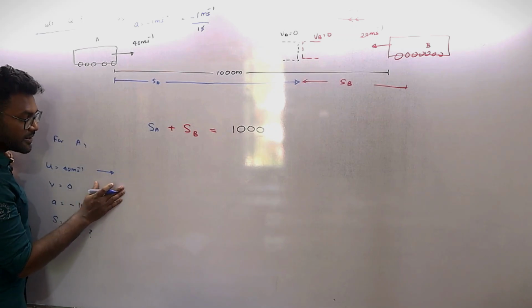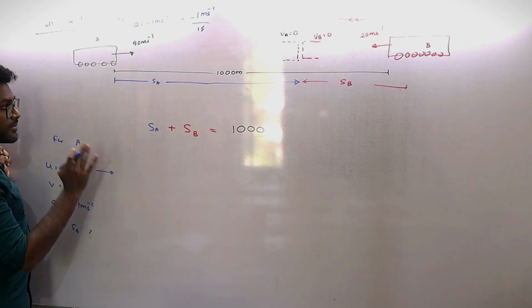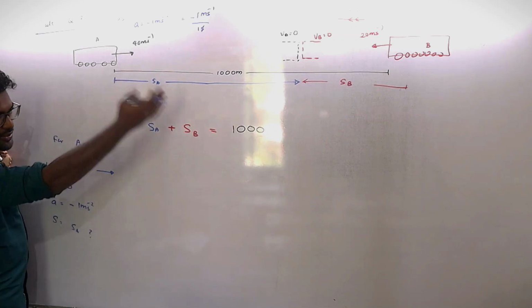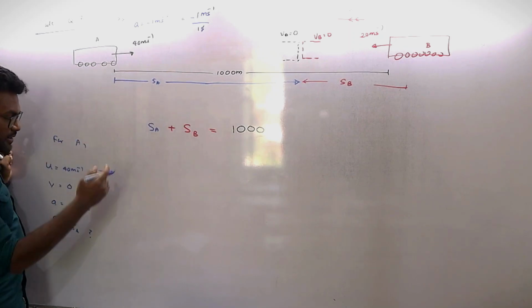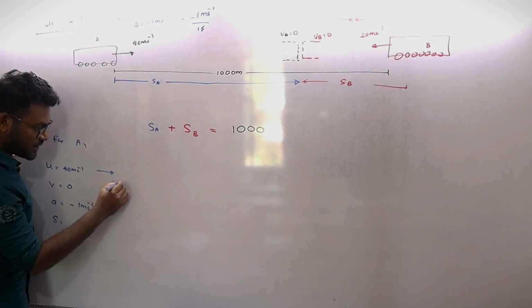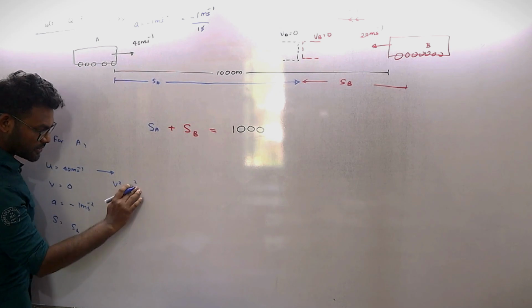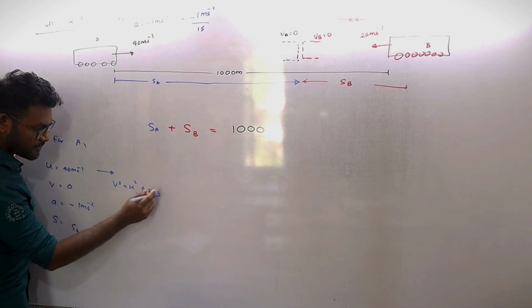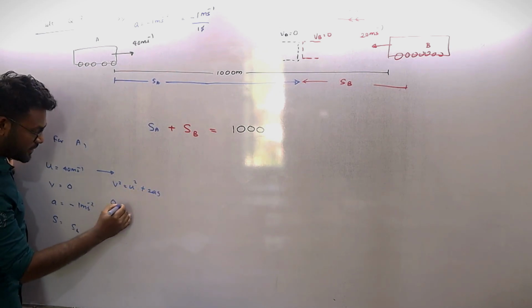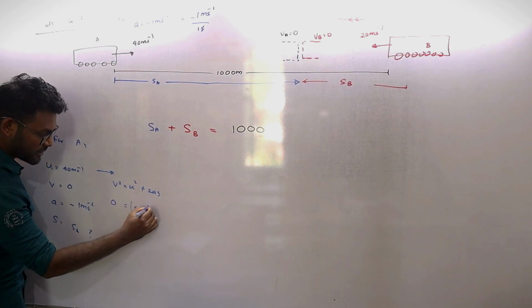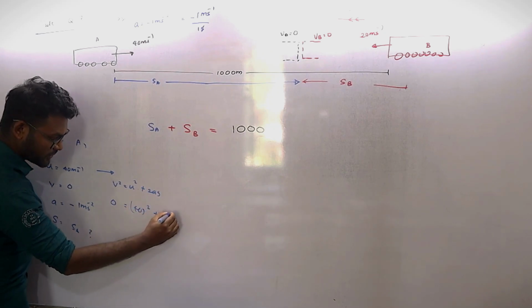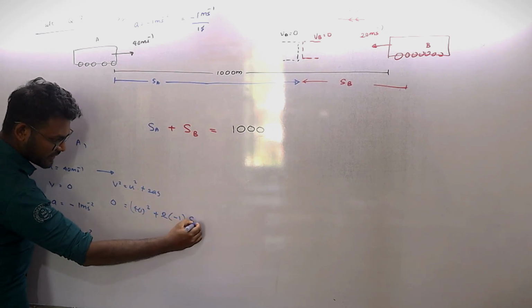Yes, exactly. So I can put this direction. Now in this exam, in this question, guys, it's really crucial to mark the direction that you have taken as positive, because B is moving in the opposite direction. So V squared equals U squared plus 2AS. This is 0 equals 40 squared plus 2 into minus 1 into SA.